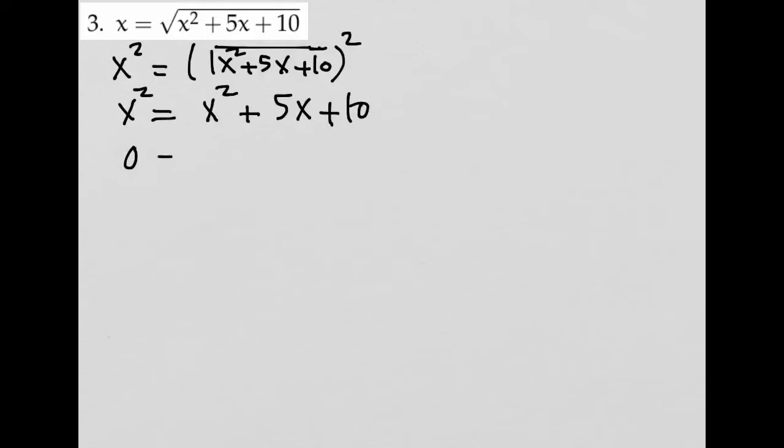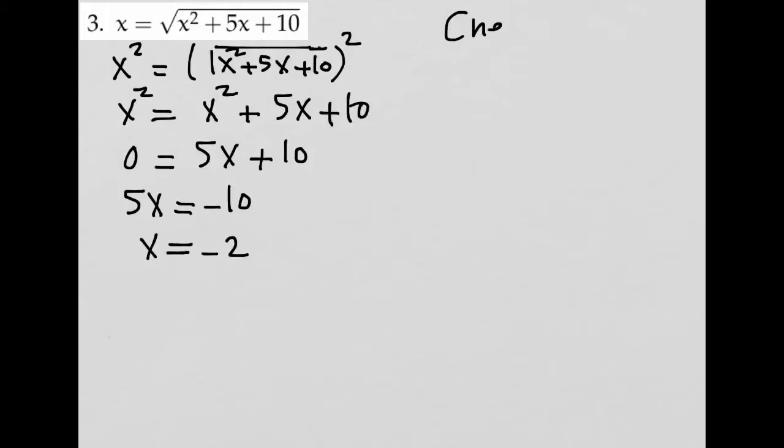That's 0 equals 5x plus 10. That's 5x equals minus 10, which means that x equals negative 2. That's the solution of the squared equation. Let's check whether that's also a solution of our original equation.